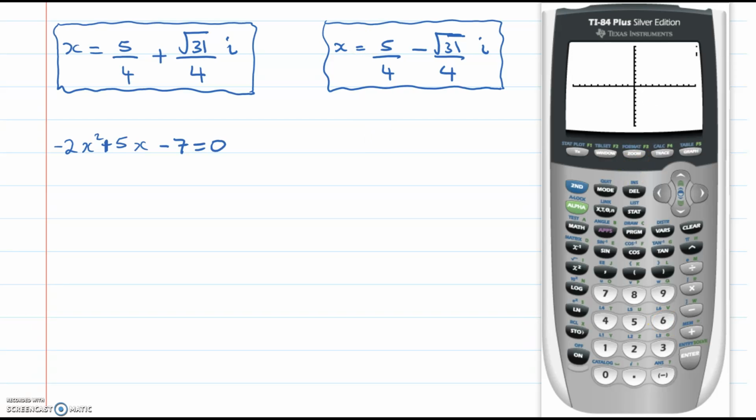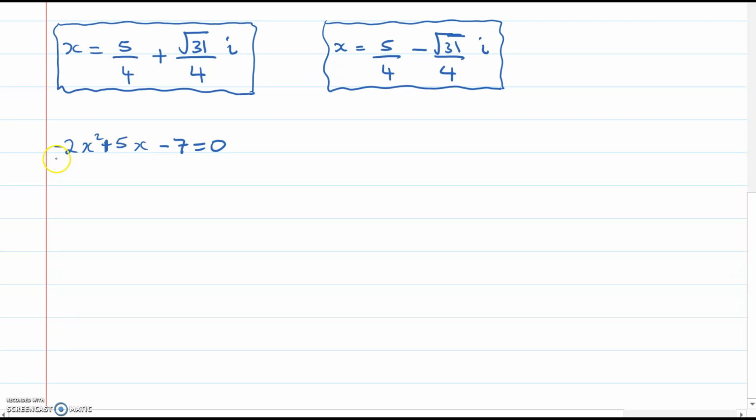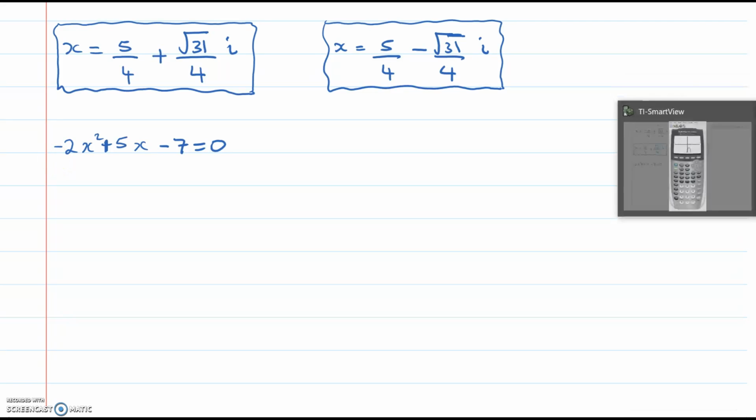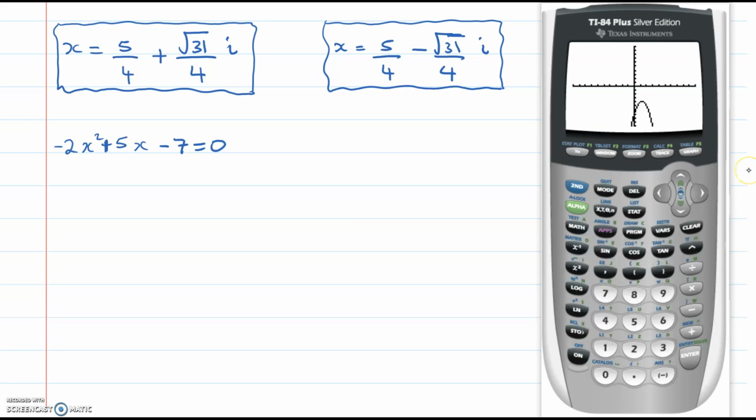this is what happens. We do get a parabola. It's an upside down parabola, which we should have known because of the minus in front of the 2. The a was negative. But the important thing here is the graph never crosses the x-axis. The graph never touches the x-axis at all. So what we say in that case is there are no real solutions.